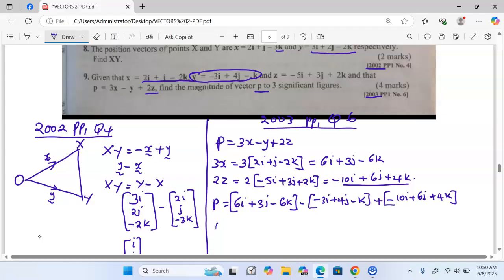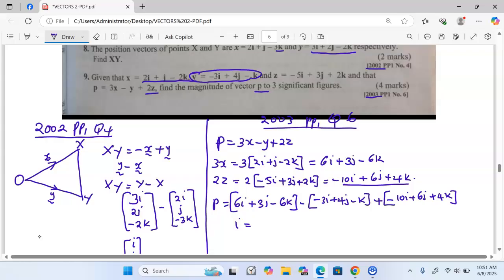From here now, to get p, we are going to add the coefficients of i, then the coefficients of j, and finally the coefficients of k. The first thing I want us to begin with is getting the i.